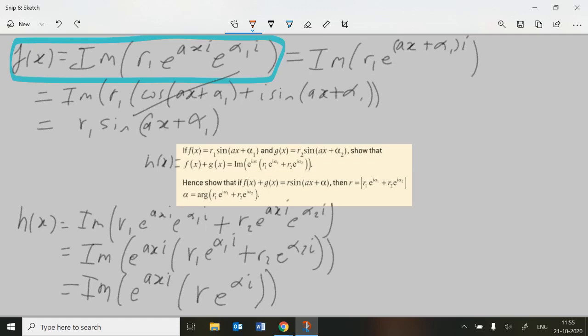Well, that's going to be the same as the modulus of this combined complex number here. That's where we're getting this from. And if you want the argument of this thing here, that's the same as doing the argument of this thing here. Okay, hopefully that is all sorted out.